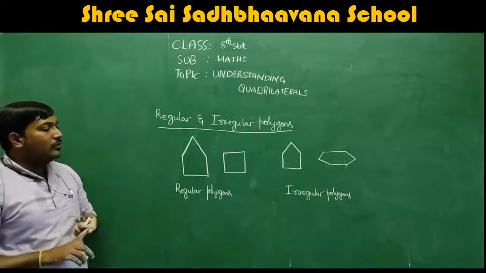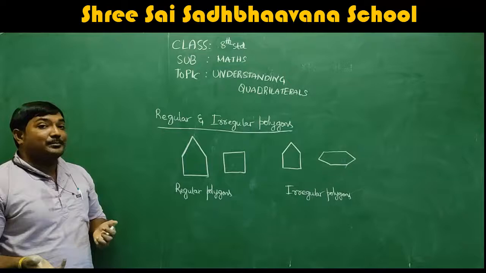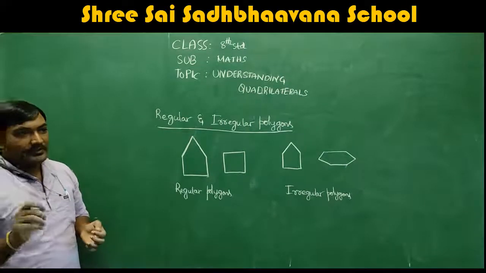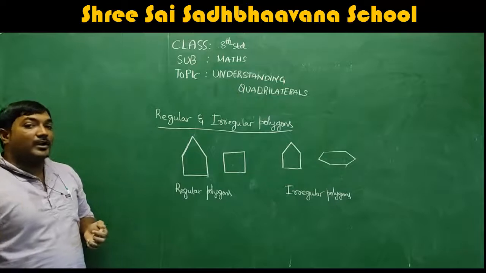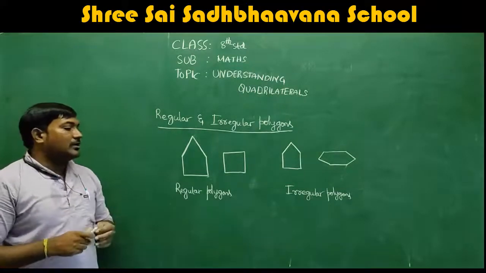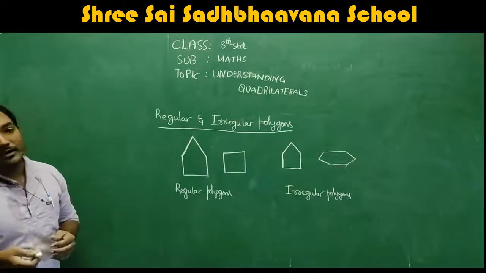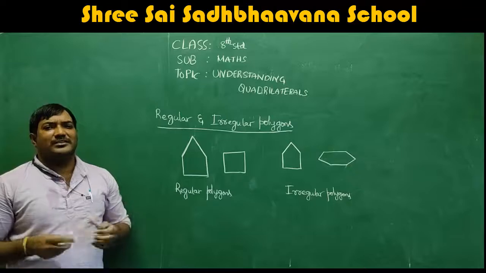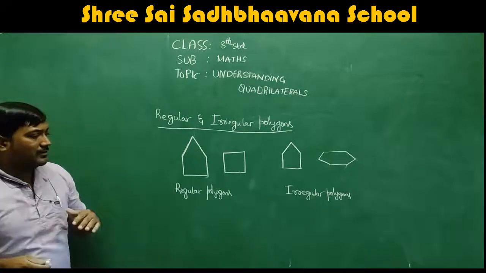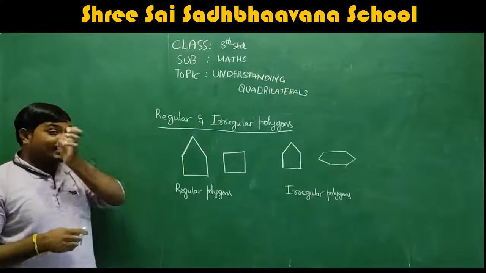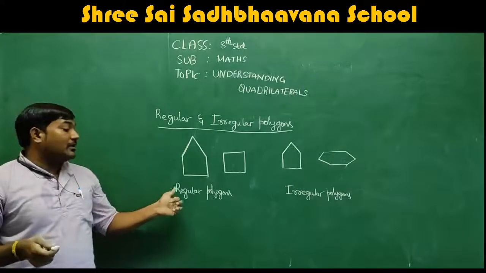Before that, I hope you know what a polygon is. Polygon means a figure which has more sides, correct? Poly in the sense of more, like polygamy, monarchy. You might have studied these kinds of terms in social studies or history.